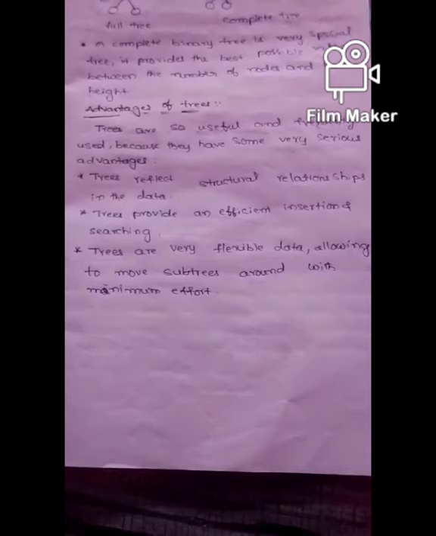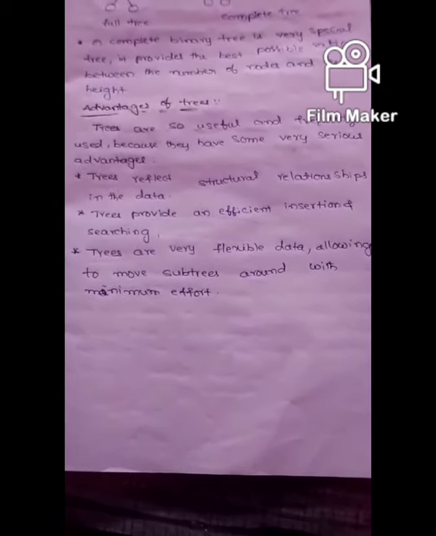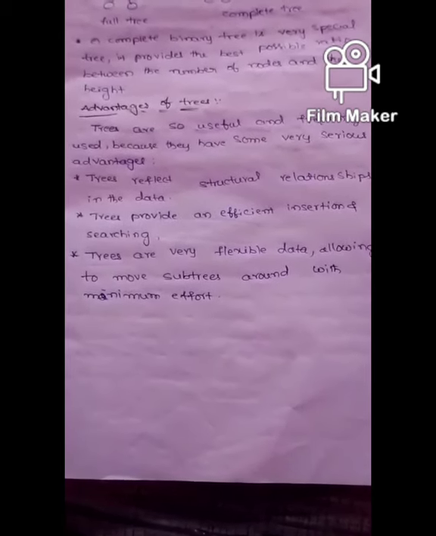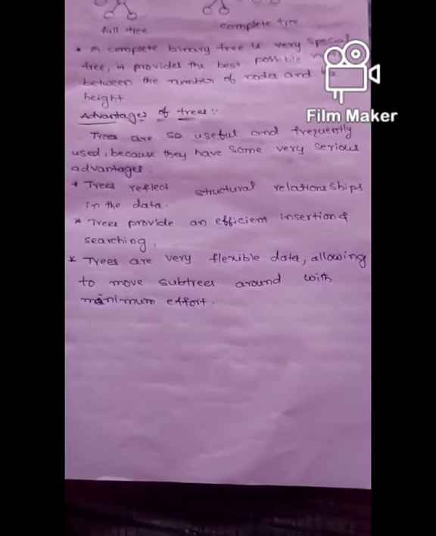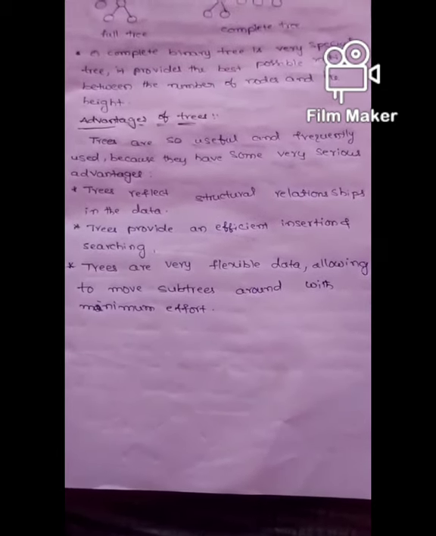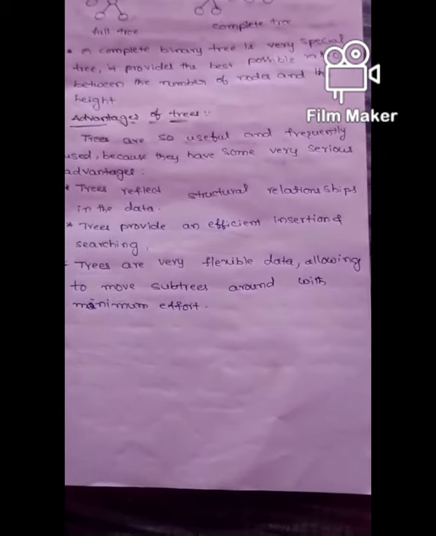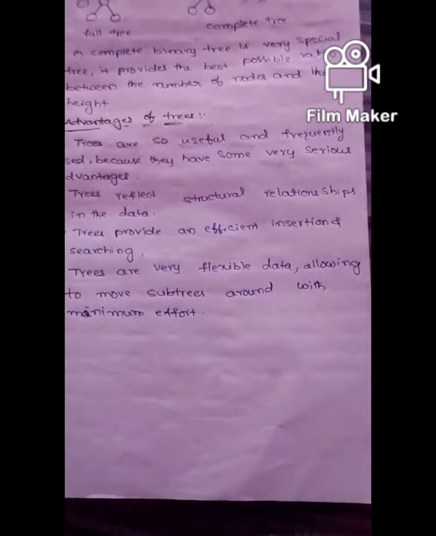Trees are so useful and frequently used because they have some very serious advantages. Trees reflect structural relationships in the data. Trees provide efficient insertion and searching. Trees are very flexible, allowing us to move subtrees around with minimum effect.